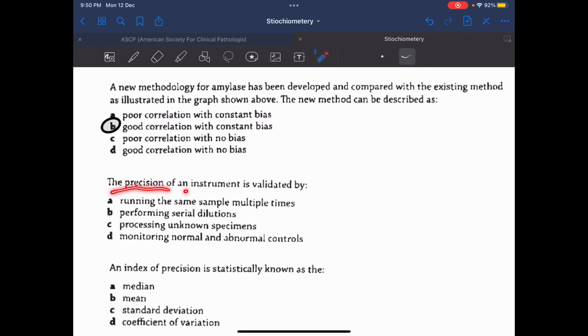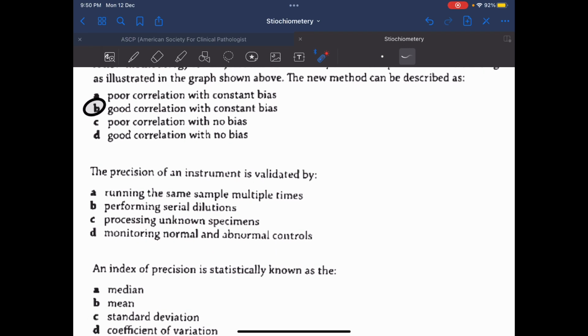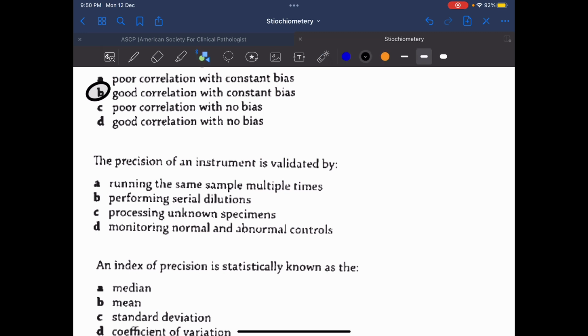The precision of an instrument is validated by running the same sample multiple times, performing serial dilution, processing unknown specimen, monitoring normal and abnormal control. So the correct answer is A. It is the running of the same sample multiple times.